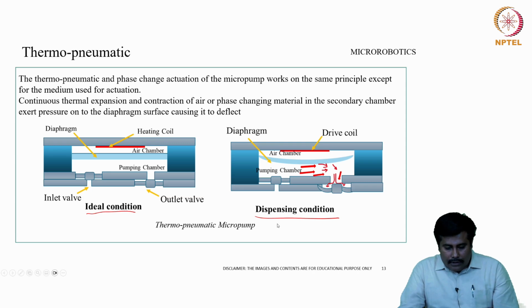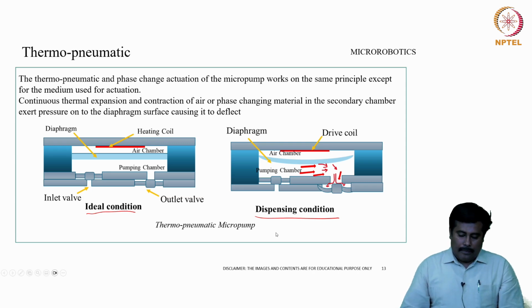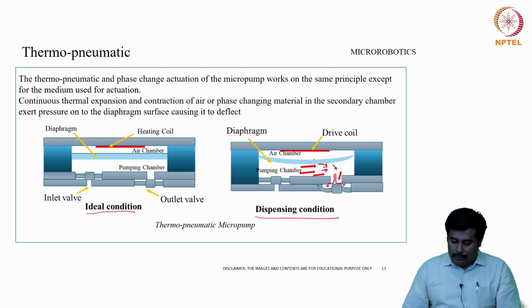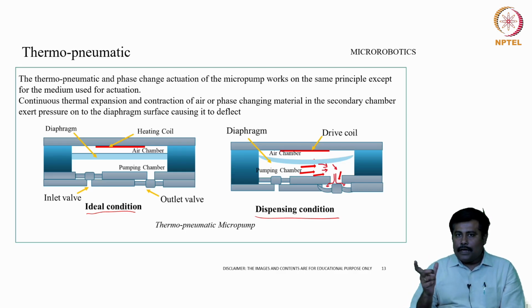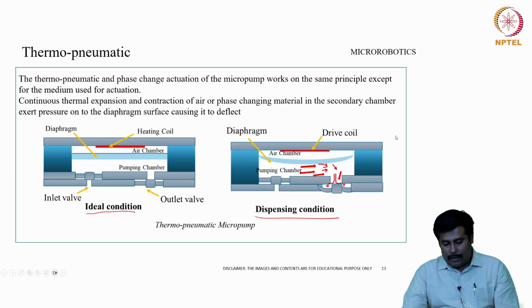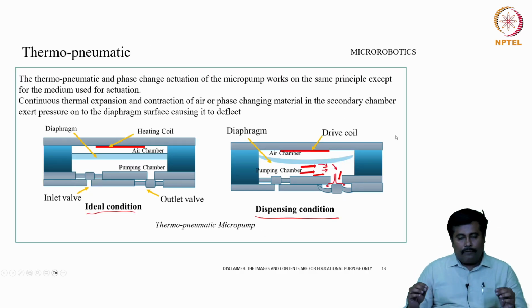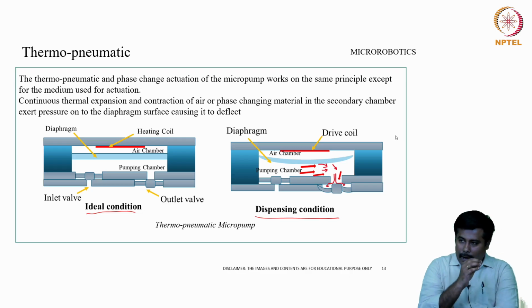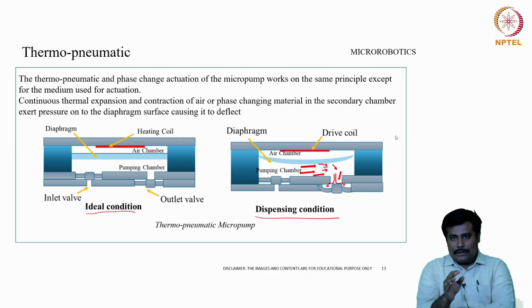In the case of these drive coils, if you closely observe from the diaphragm's point of view, the diaphragm gets actuated because of the thermal heating or the thermal displacement. Appropriately the diaphragms are selected; in several cases, bimetallic based diaphragm structures are deployed.